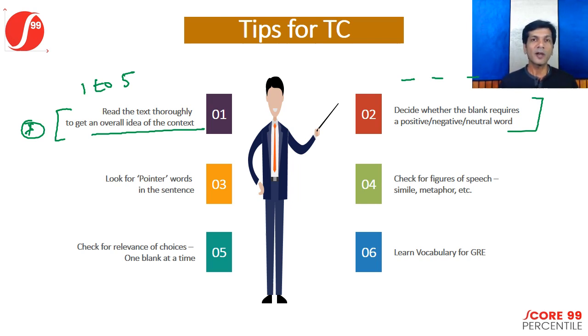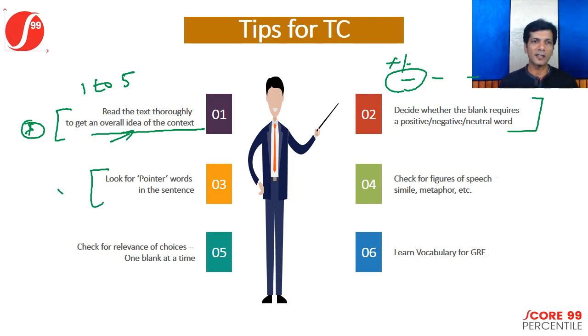Irrespective of how many sentences are given in the text, what you have to keep in mind is, depending on the idea that you've gotten from the overall context of the text, you try to figure out if each of these blanks requires a positive word or a negative word. So what sort of a connotation, what sort of a denotation should actually go into that particular word? That will help you jump to the choices and eliminate those choices that don't fit into your understanding of positive or negative words that should fit into your blank.